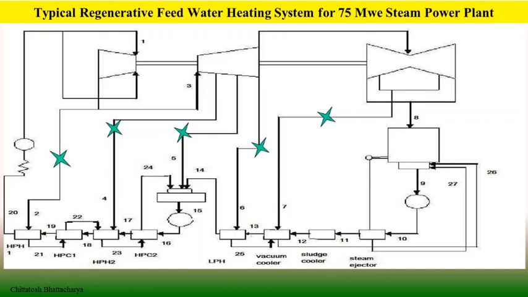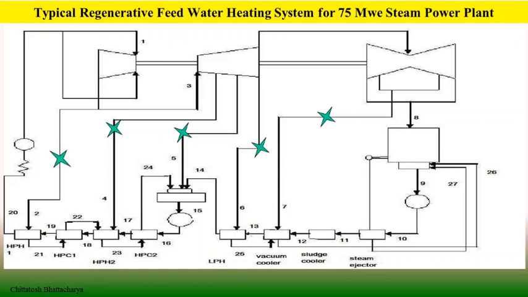Now the condensate of HP1 is cascaded to HP heater 2, and subsequently it is fed into the boiler feed tank, and this way we are having the regenerative feed water heating.